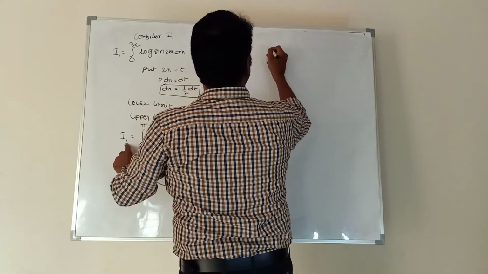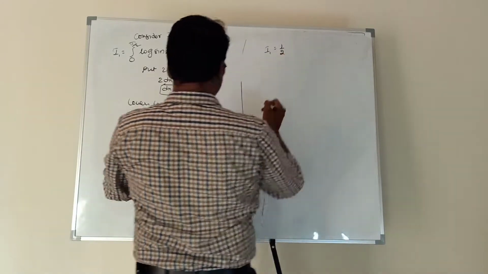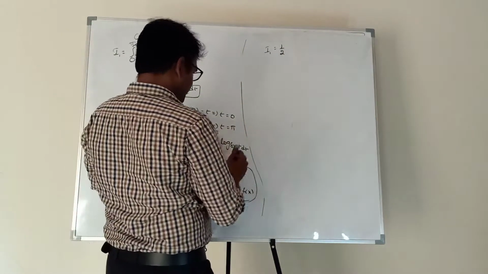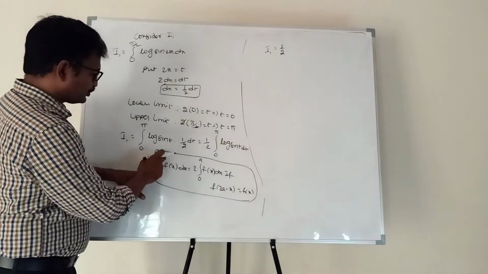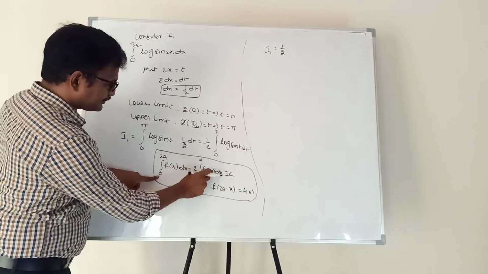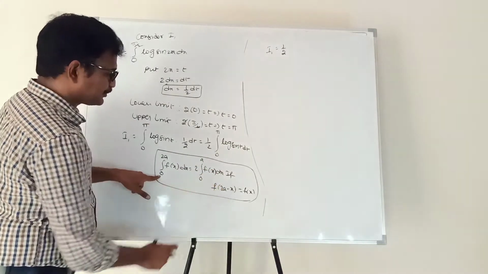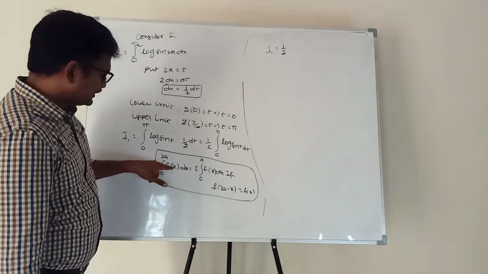So based on this property, observe the given I1. 1 by 2 into integral 0 to 2a of f of x dx is 2 times integral 0 to a of f of x dx when f of 2a minus x equals f of x.